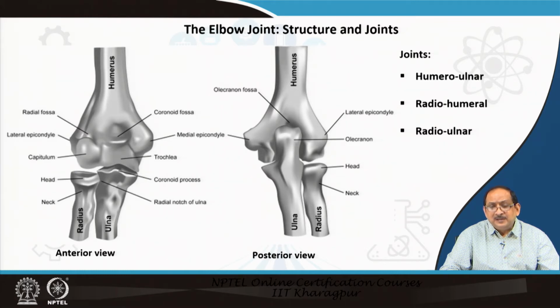A detailed lecture on the structure and function of the elbow joint was earlier discussed in module 1. We will be briefly discussing the structure and the movements in this lecture, which deals with the basic biomechanics of the elbow joint.